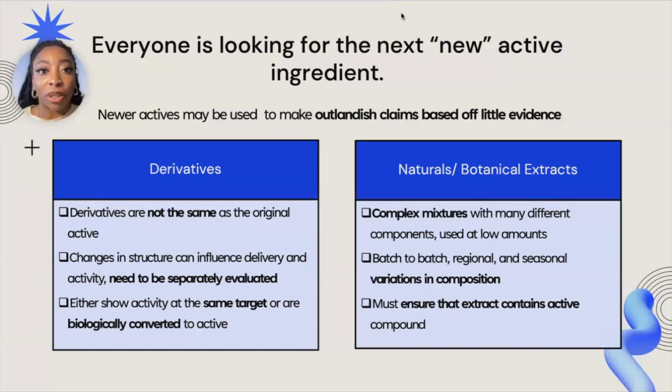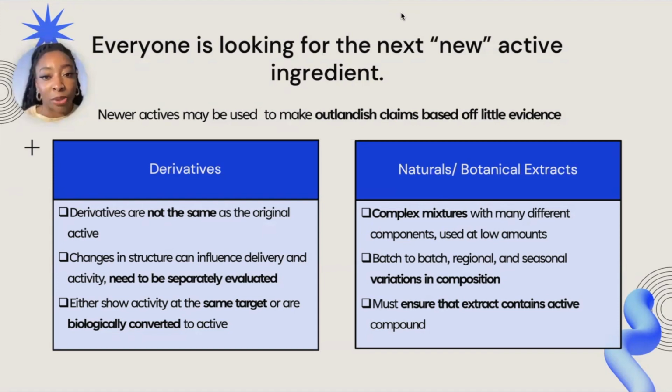Another popular thing right now are botanical extracts. We have to understand with these that they're complex mixtures of ingredients. They have many components, and usually you'll get your active effect from a particular component of that mixture.